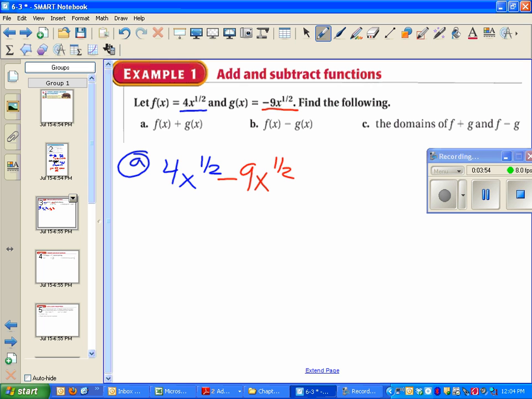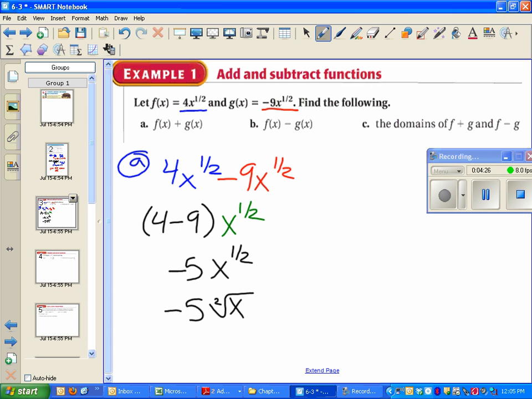We're going to combine this and get 4 minus 9, and we have the same base of x to the 1/2 power. That is the same thing as -5x to the 1/2 power. And if you'll remember from 6.1 and 6.2, we can also rewrite this as -5 times the square root of x, where normally we don't put the 2 there. But that is A when we add the functions.